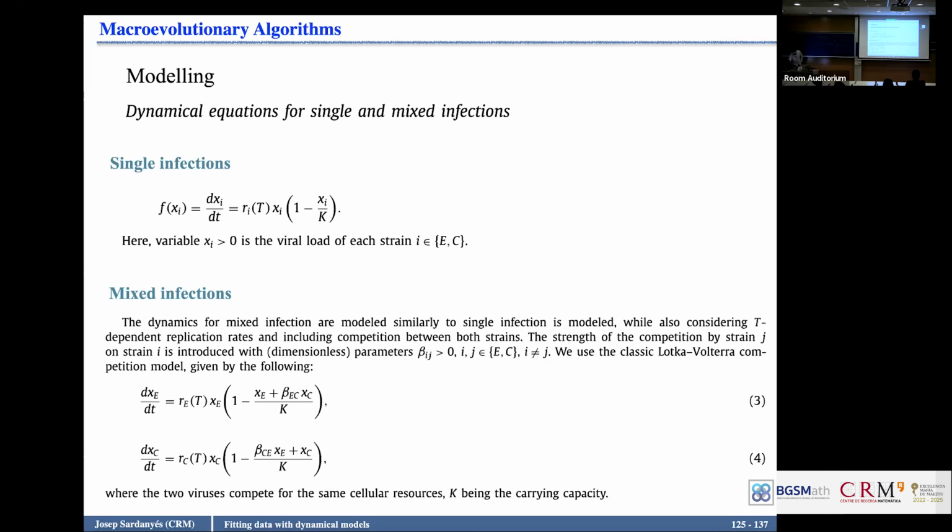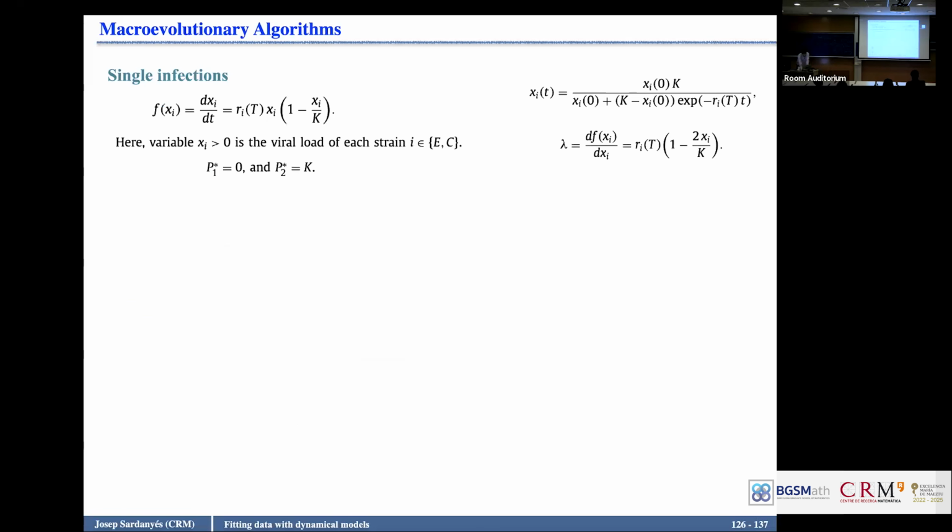And C is the strength of the competition that one strain exerts on the other, because they are competing for resources. Here we are considering the whole plant. This is a very strong assumption, but this is reality.